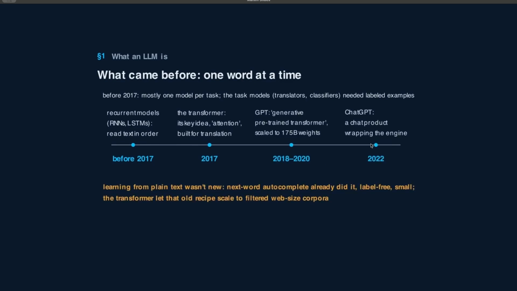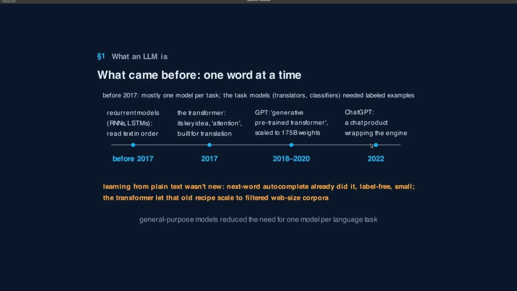So how did we get here? Before 2017, a lot of our language models were very focused on one task at a time. We would build things like models built to translate, models built to classify text. The limitation behind a lot of these specific models is that they required a lot of manually labeled data in their training set.